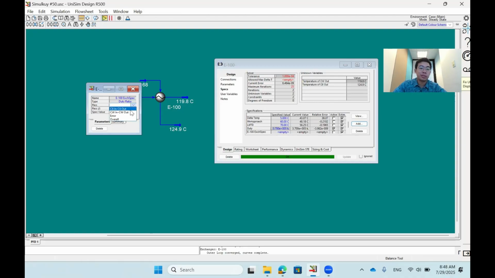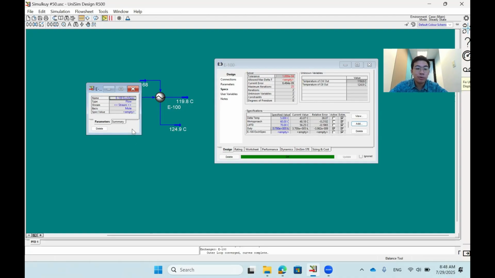For example, the C6 in and also the CW. Currently it is -1, so it means that the duty is the same, only in a different direction, negative because one of them is negative duty. This is rarely used.